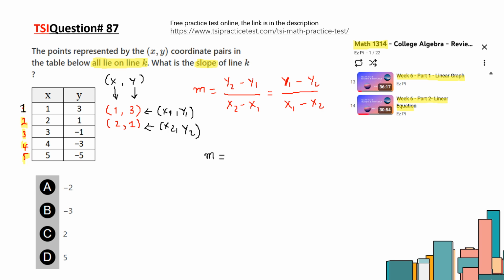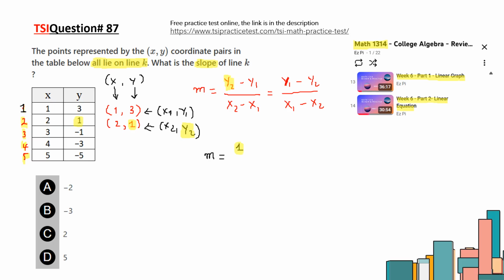So m equals, let's try y2 first, right? y2 equals 1. You see where the value of y2 is? y2 is right here, which is 1. I highlight it so you know what point I plug in.